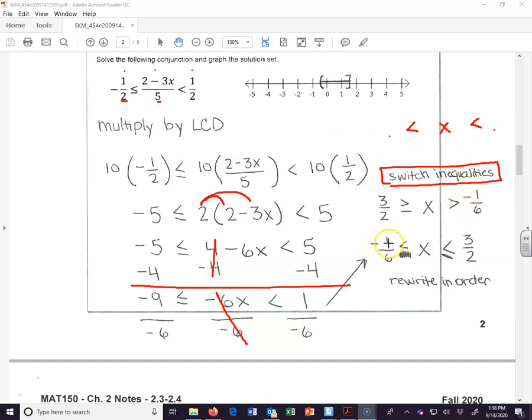So we're going to have -1/6 is less than x, because the small part is by the -1/6 and the big part is by the x. The part with the equal to sign is by the x, which it is here. And then the 3/2 is over here. So x is going to go from -1/6 up to 3/2, which I have graphed here, again using our parenthesis and then our bracket.